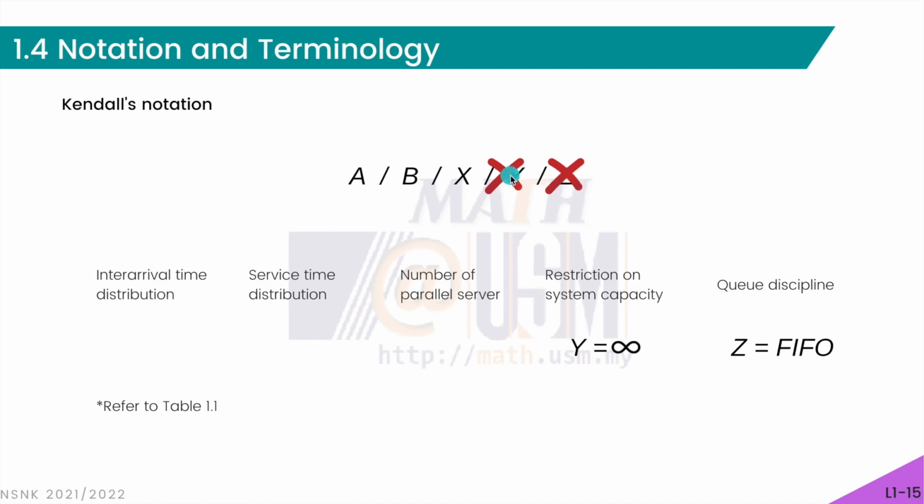So if Y is infinity and Z is first in first out, we are usually left with only 3 symbols, for example M/D/2. So we know that it has infinite system capacity and also practices the queue discipline of FIFO.